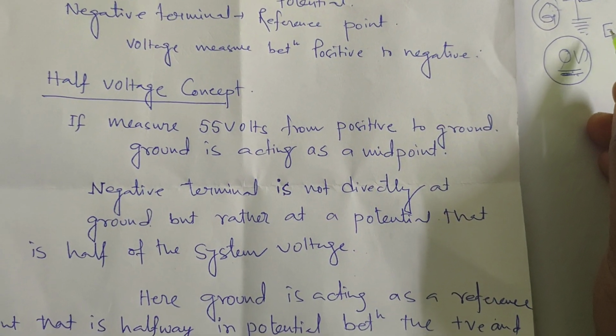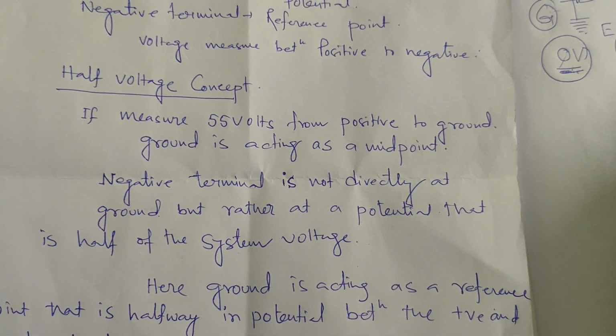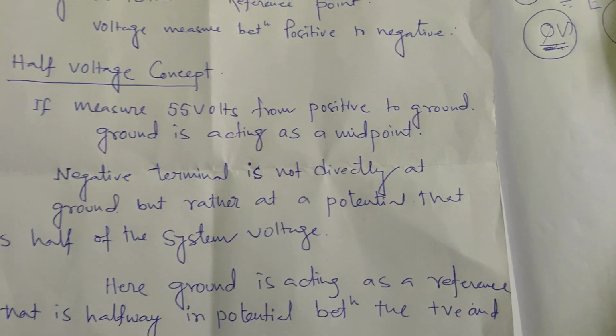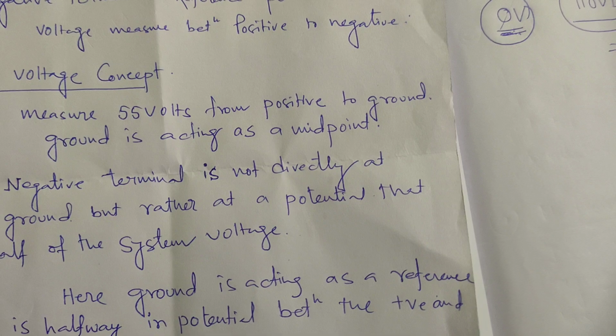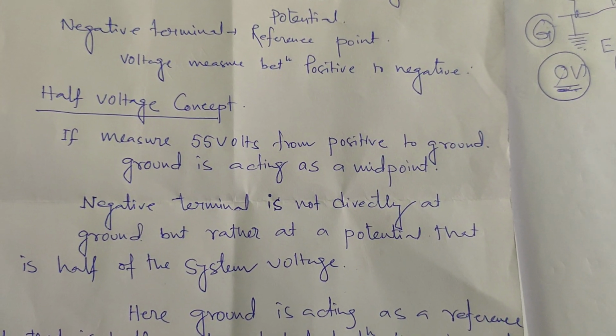The negative terminal is not directly at ground, but rather at a potential that is half of the system voltage. It does not have zero potential; it has half of the system voltage.